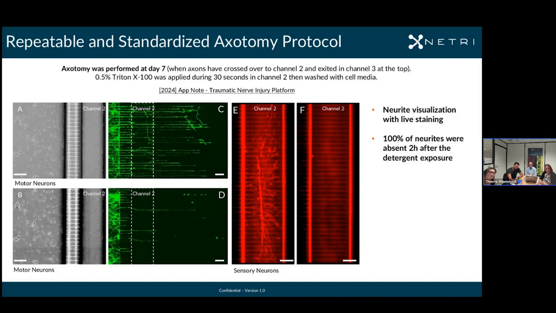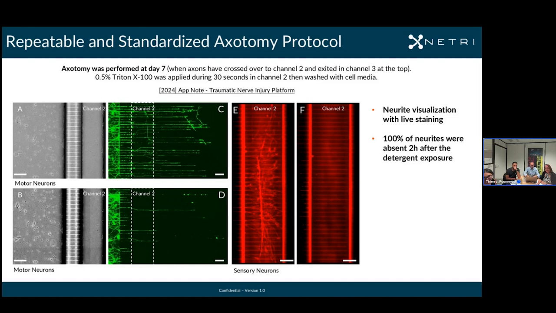So this is a picture showing either the motor neuron culture or the sensory axotomy. Here in the bright field, you have the motor neurons before and after the axotomy. I'm not sure the bright field is the best one.